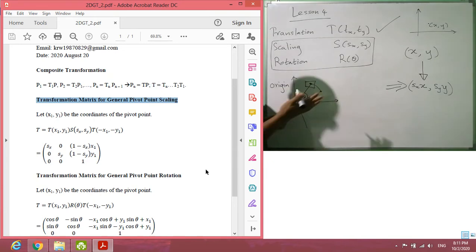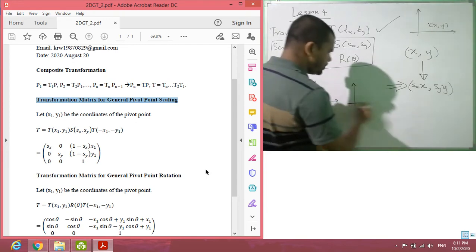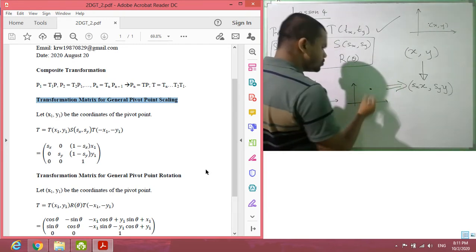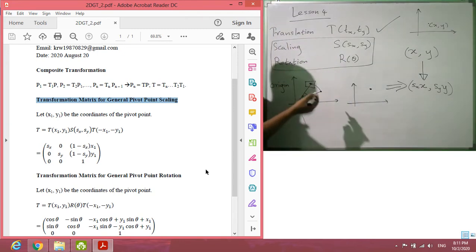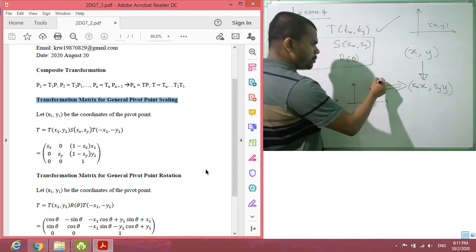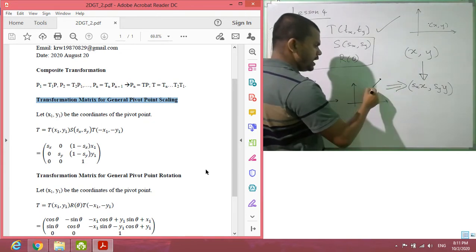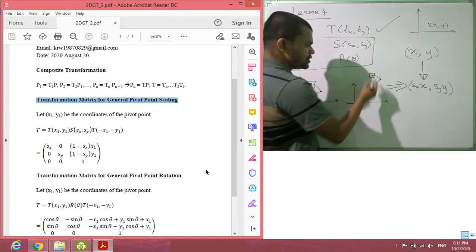So if, for example, we want to perform scaling with respect to a point somewhere here, and also we want to rotate the point around this point by an angle of theta, this is the new position.